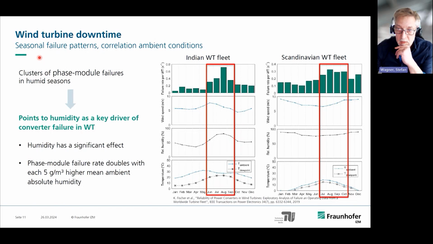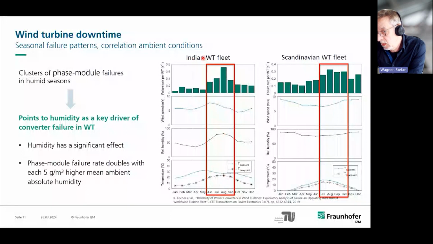The downtime for the wind turbines. Here we can see that we have seasonal failure patterns and very high clusters, what you see here for the seasonal time from June to September in India, with higher relative humidity and higher temperature.